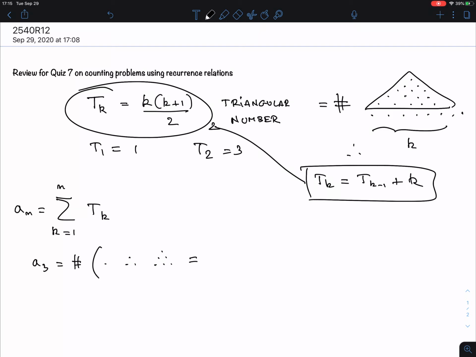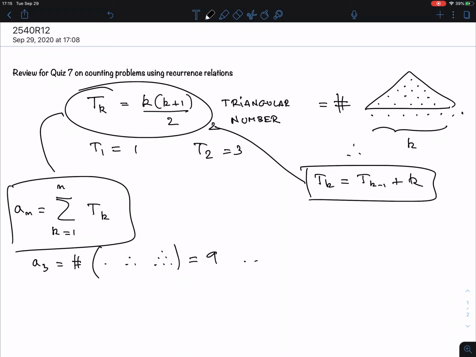So we would add everything: 1 plus 3 plus 6 is 10, etc. Okay, but we want a formula for that. So the question is, find a recursion relation for this sum, where we know that t_k is given by this formula. We're assuming that the formula for t_k is known.